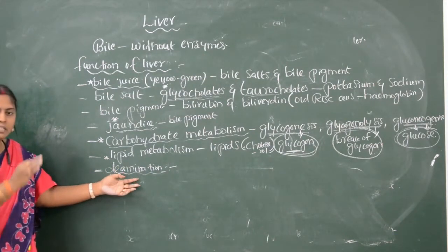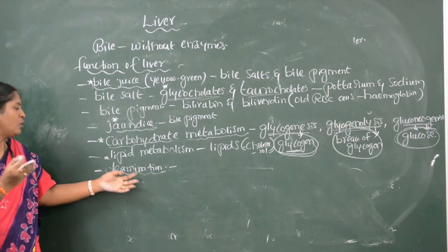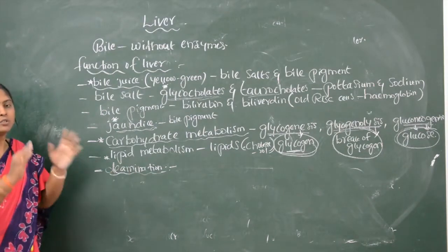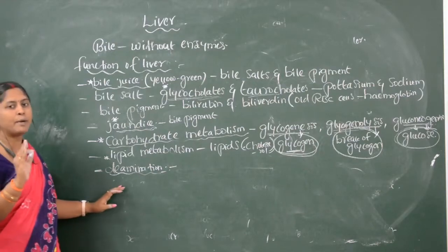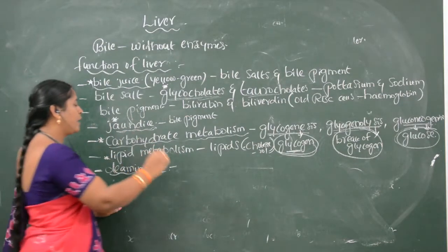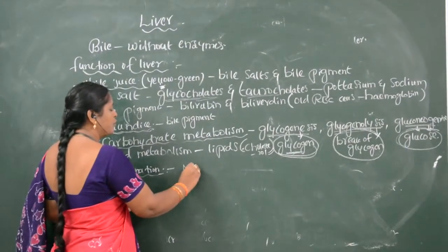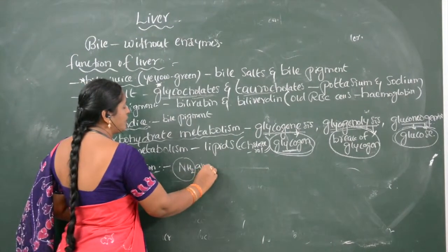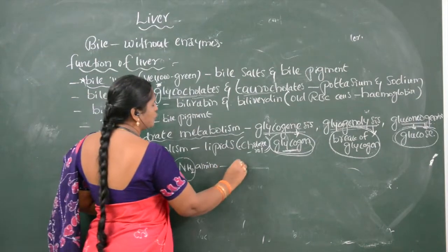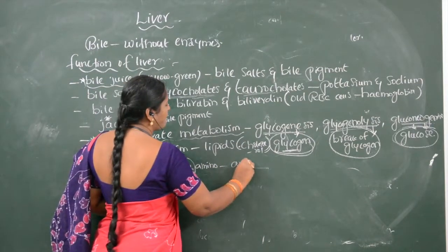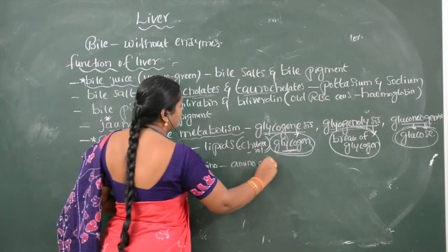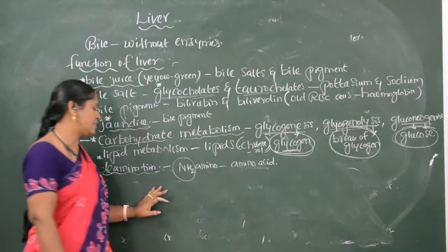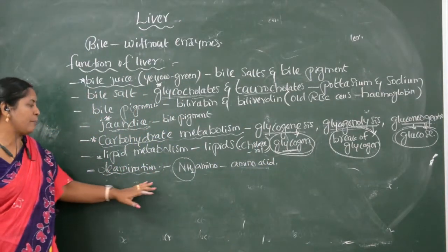D means removing. So removing the amino group from amino acid is called deamination.